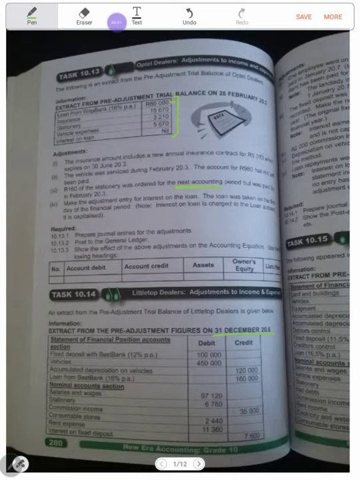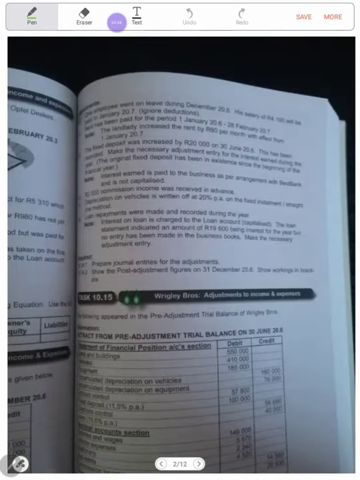Remember, the balance sheet section consists of assets, owner's equity, which is your capital and your drawings, and your liabilities as well. And then we have the nominal account section, which consists of owner's equity, which is your incomes and your expenses.